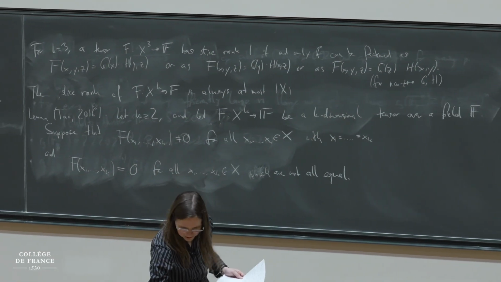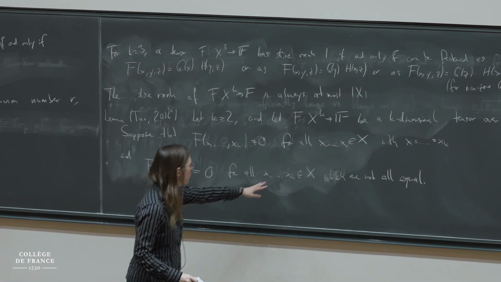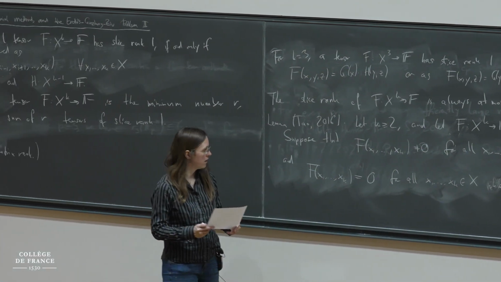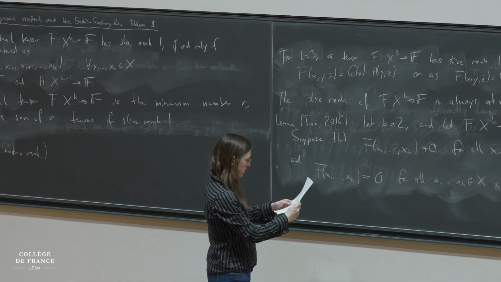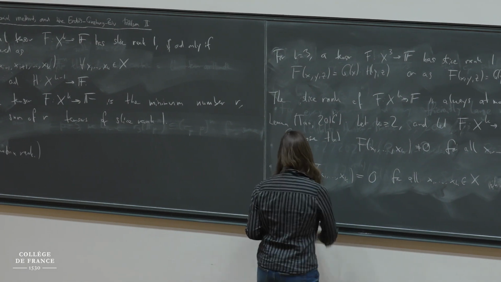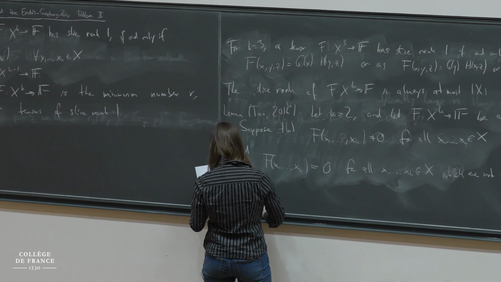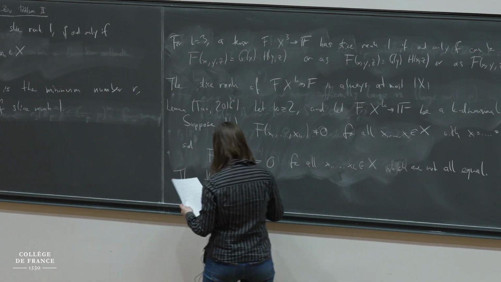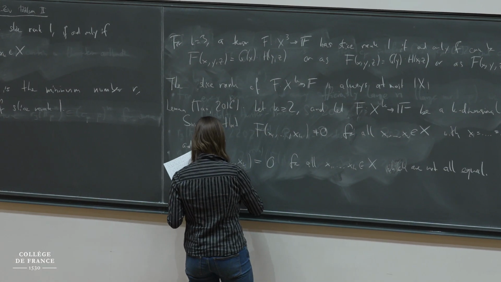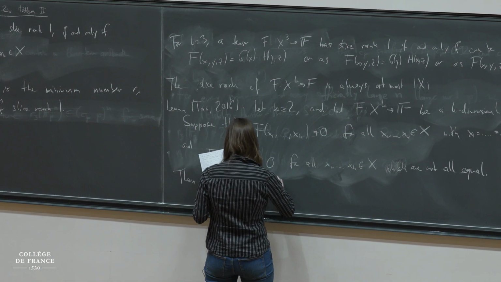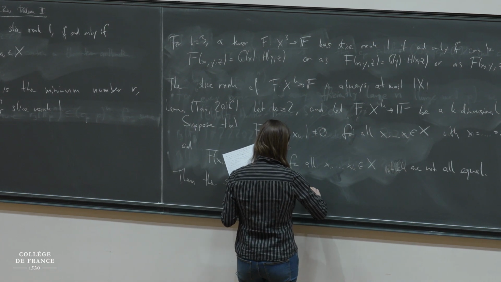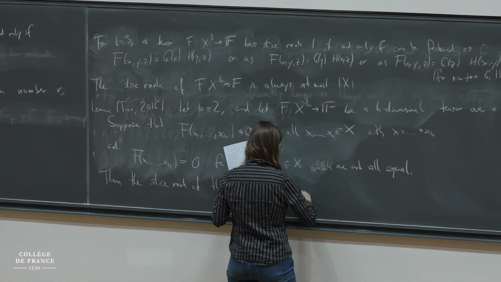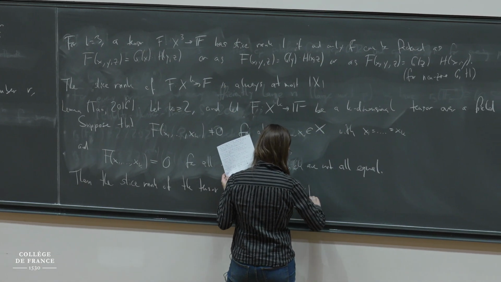Okay, so we suppose that when x1 to xk are not all equal, so whenever we are outside the main diagonal, the entry is 0. Then that means the tensor is of a diagonal form, and so what the lemma says is that it has full slice rank. So the lemma says if we are of this diagonal form, then the slice rank of the tensor f is equal to the size of x.